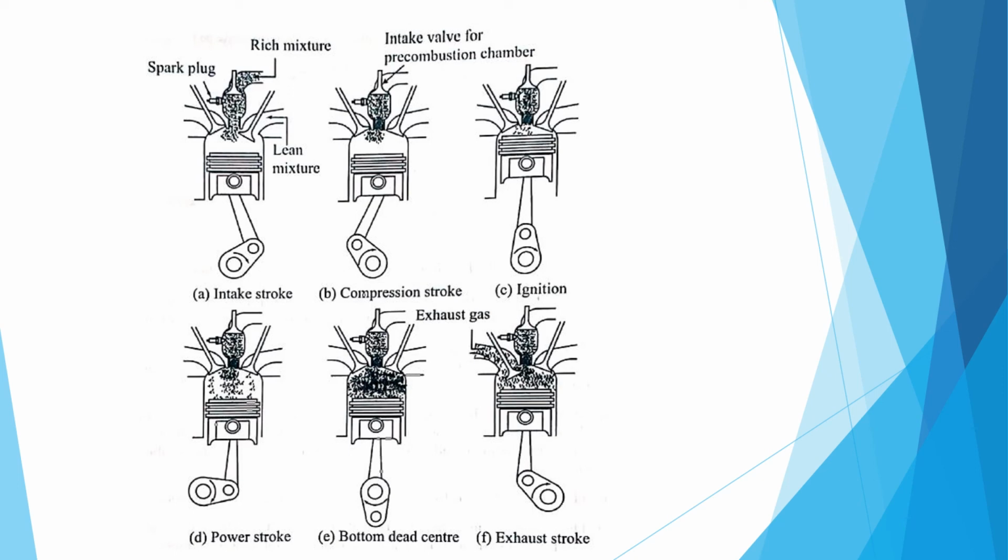On the whole, the overall mixture is lean. Number 2. At the end of the compression stroke, there is a rich mixture around the spark plug, a moderate mixture in the vicinity of the outlet of the auxiliary chamber, and a lean mixture in the rest of the main combustion chamber.